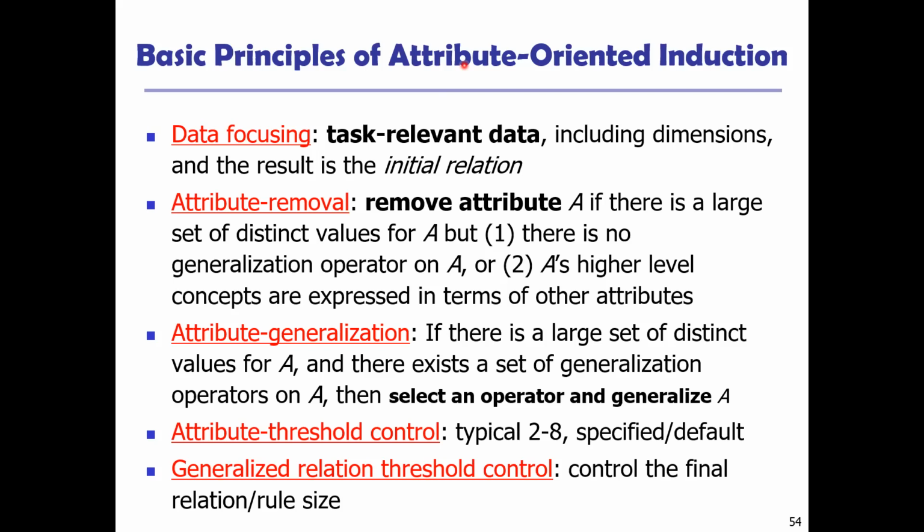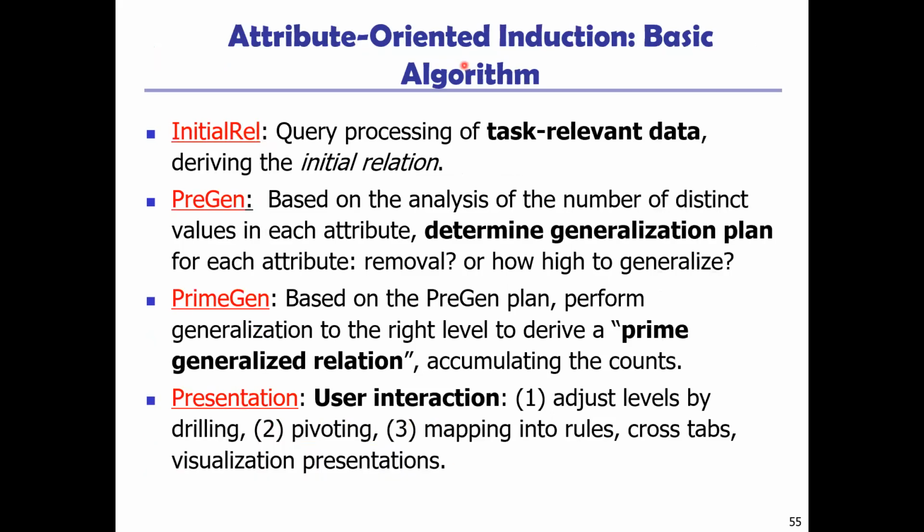We need to control the number of attributes to be between 2 to 8. And we need to control the size of the resulting generalized relation to be concise and acceptable, not too small, not too big.